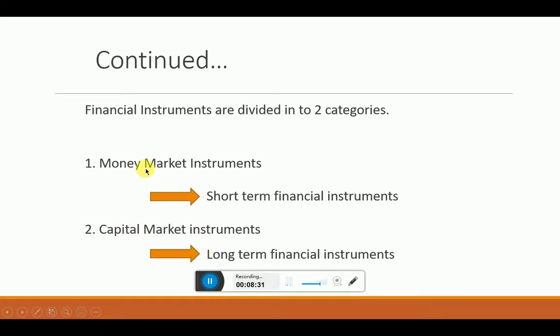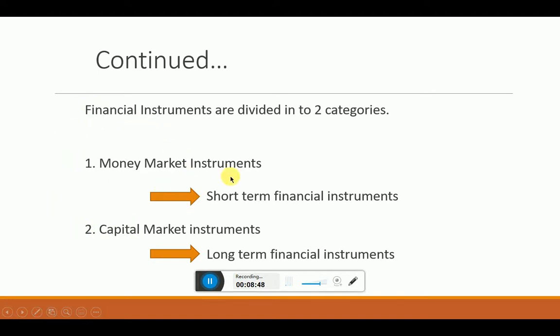Right? The difference between money market and capital market instruments is that these instruments are for short term and these instruments are for long term, and both have the same purpose from the organization's perspective, which is financing.